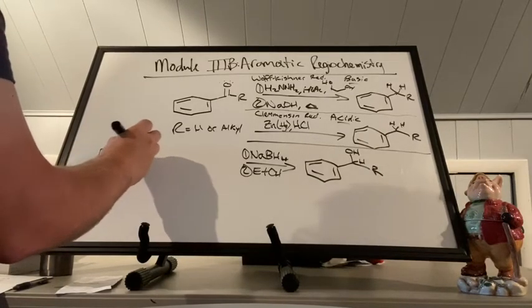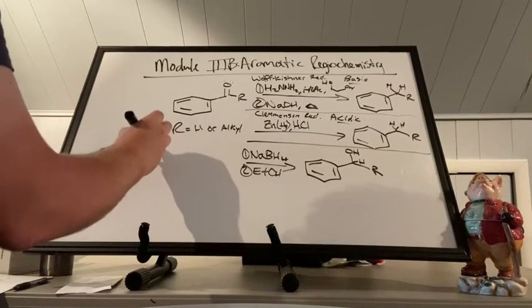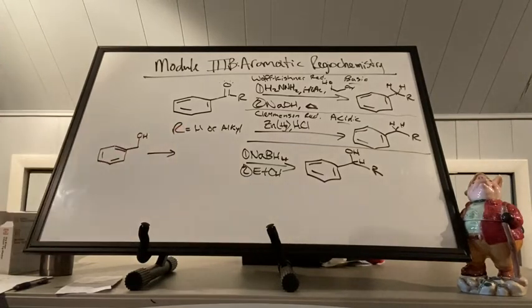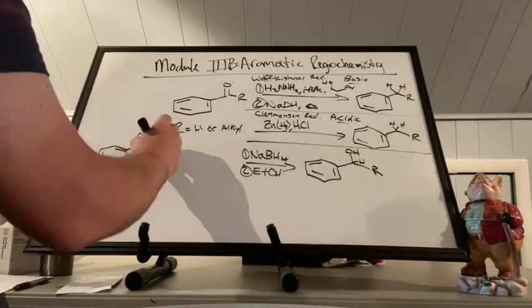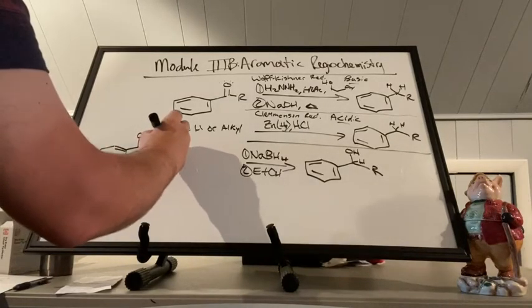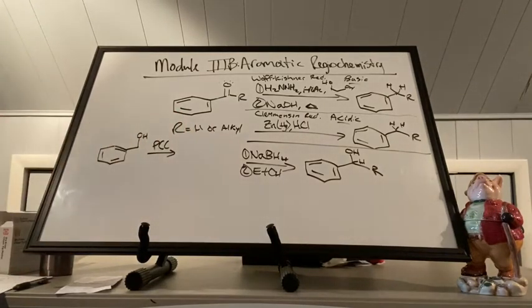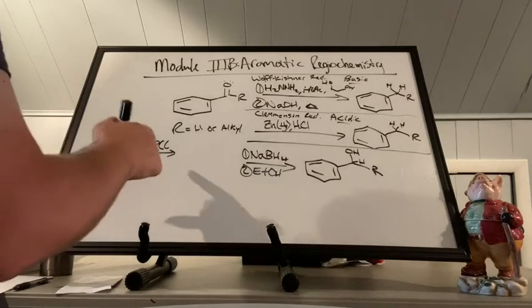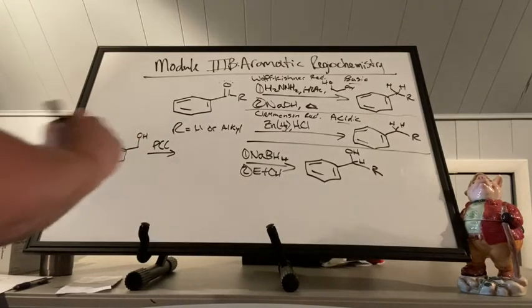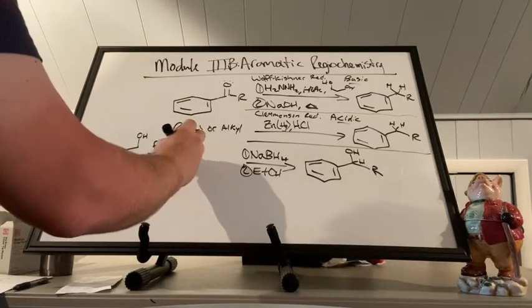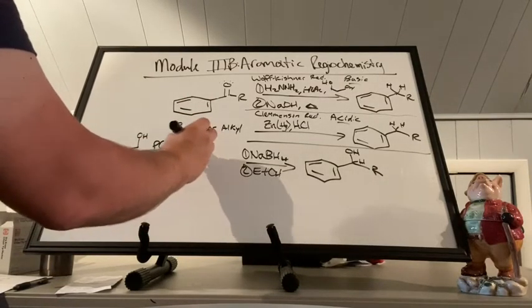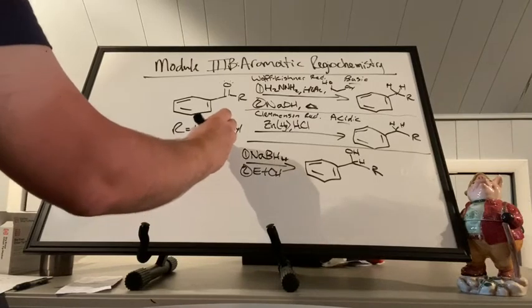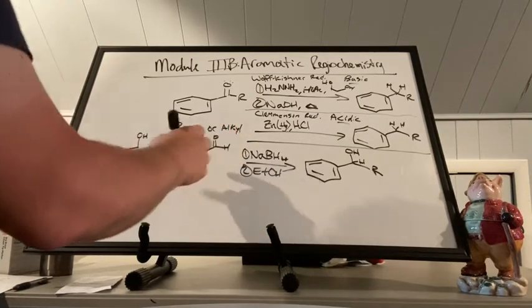So we have this primary alcohol, and if we treat it with PCC, which is pyridinium chlorochromate, I believe. It's a mild oxidizing agent, so it's going to just take things down one stage to where it goes from a primary alcohol to an aldehyde.